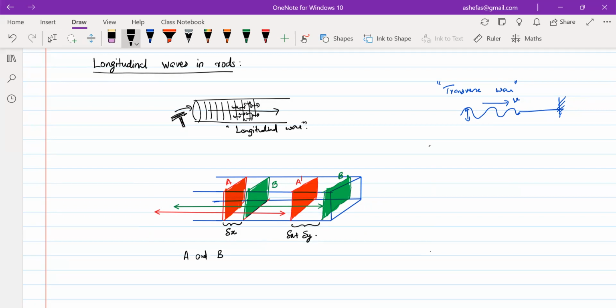A and B are two equilibrium positions of two planes.